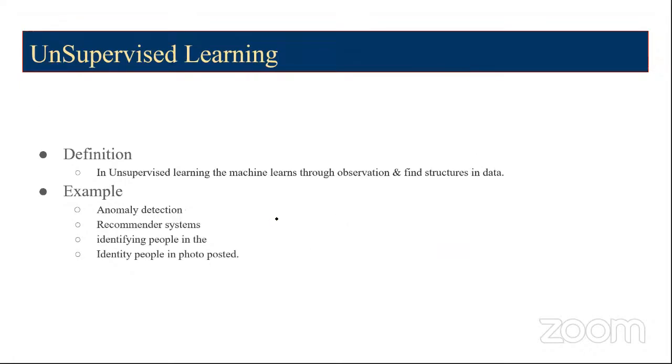Then comes unsupervised learning. Unsupervised learning is just the opposite of supervised learning. In supervised learning, which we just discussed, we have a data set with labels, or the outcome is well defined, or call it predefined.